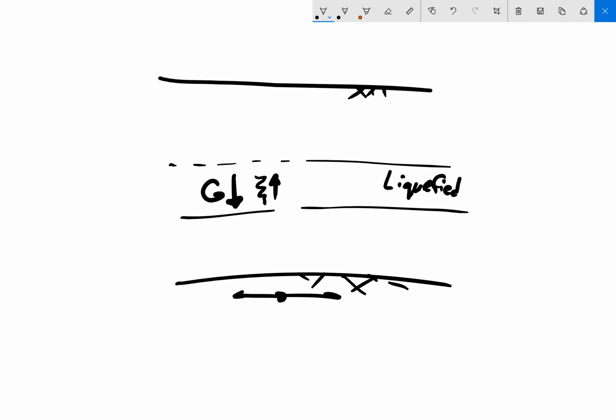And because of that, if I have high frequency stuff, the second it hits that liquefied layer, it's going to damp out, or it's going to filter out all the high frequency stuff, and the only stuff that's going to get through is going to be the low frequency, high period ground motions.